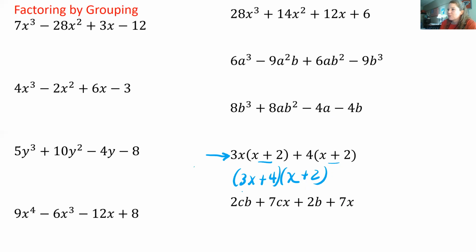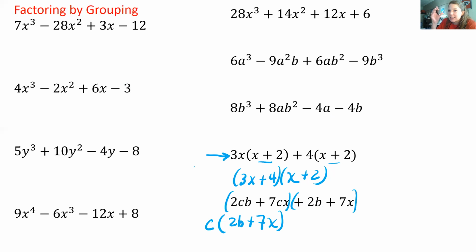All 4 terms don't. So we're going to do our 2 groups of 2. We can pull out a c from the first one. So we have 2b plus 7x. And then you might think, well, these don't have any common factors, but technically everything does. The common factor of everything is 1, isn't it?